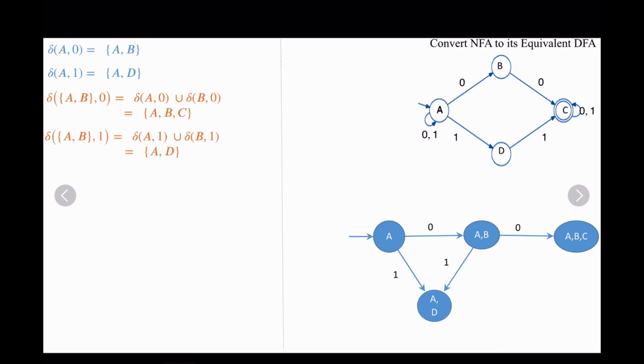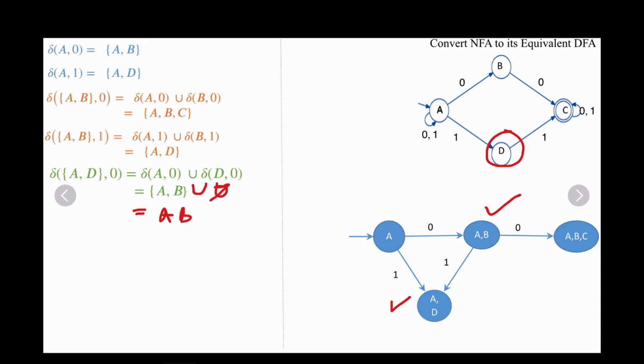So AB is over. What is the next state? AD. Similarly, find the transitions for AD. A on 0 goes to AB, and D on 0 goes nowhere, phi. Altogether, AD on 0 goes to AB only.